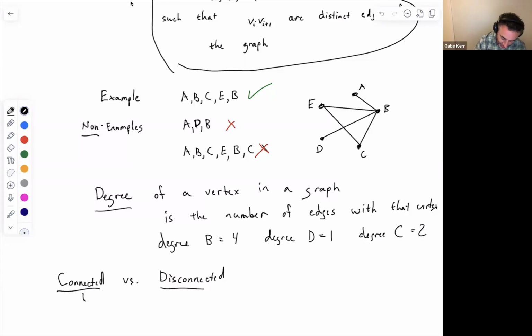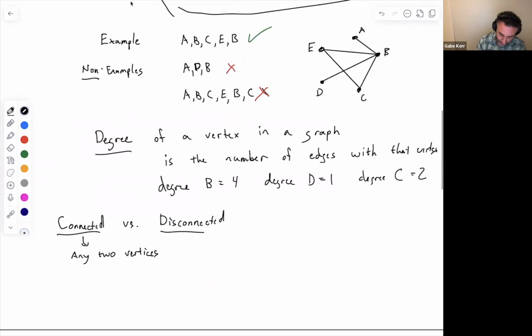So this means any two vertices, not just some, can be connected by a path. And disconnected just means not connected. In other words, there are two vertices that can't be connected by a path.